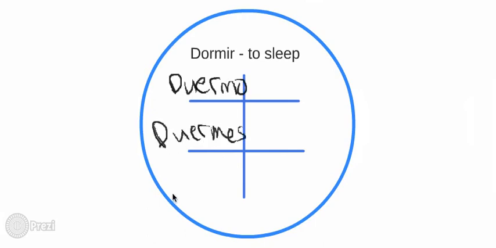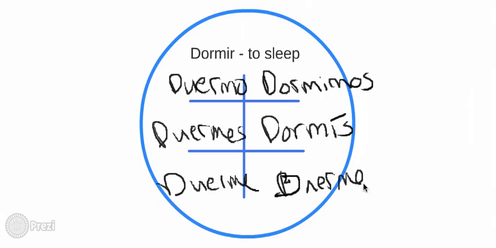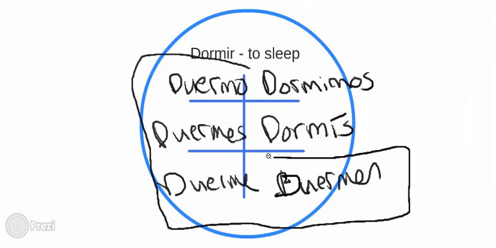Duermes. Duerme. I'm out of my boot. Dormimos. Careful, dormir is an IR verb. Dormís. And back in the boot, duermen. Bad handwriting here. All right. So remember, in the boot, we change O to UE. Out of the boot, we do not.